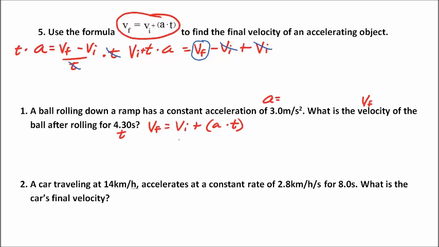Now we can plug some numbers in here and we'll see how this works. Final velocity is equal to the initial velocity. Well, in this problem, the initial velocity isn't given, so we're assuming that it's 0. So I'll say 0 meters per second plus the acceleration. And the acceleration you can see right here, 3.0 meters per second squared.